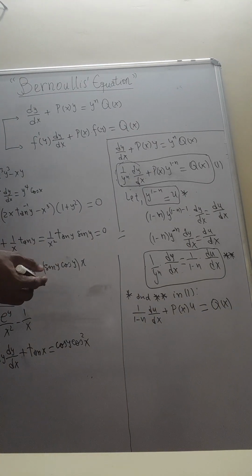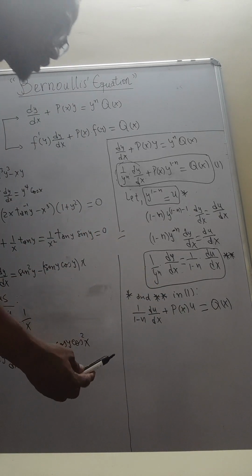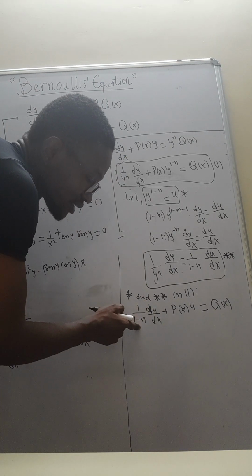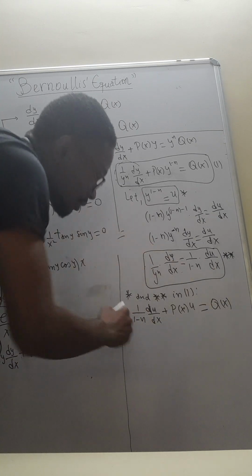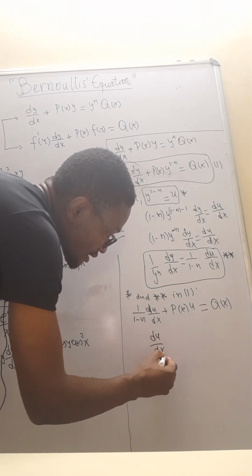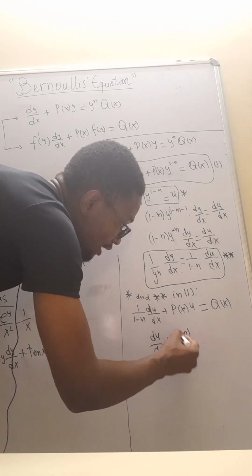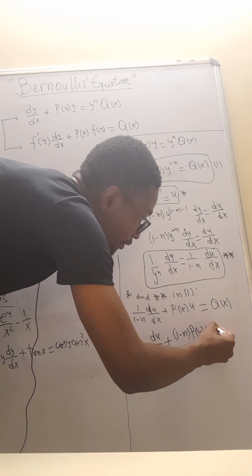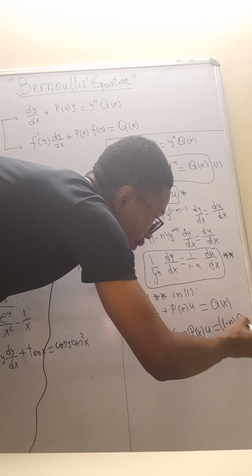Now, if you can see this, this is actually a linear differential equation. The only thing you have to change here is to send this 1 minus n out. Multiply everything by 1 minus n. So this will be du by dx plus 1 minus n p of x times u is equal to 1 minus n q of x.